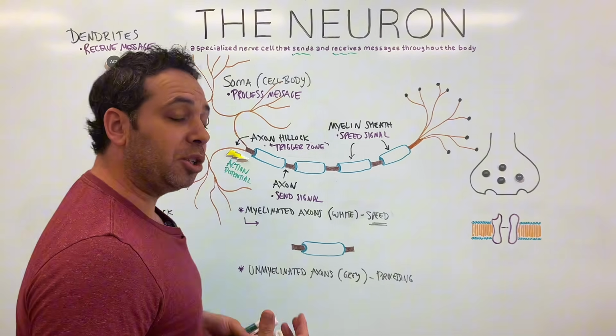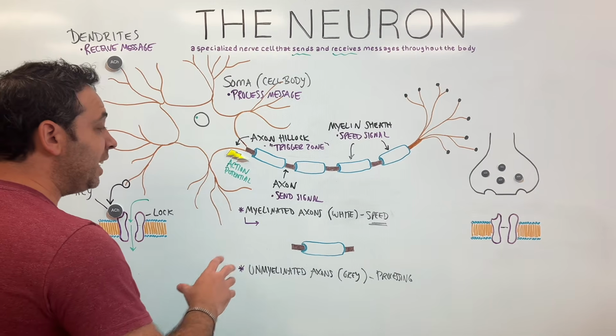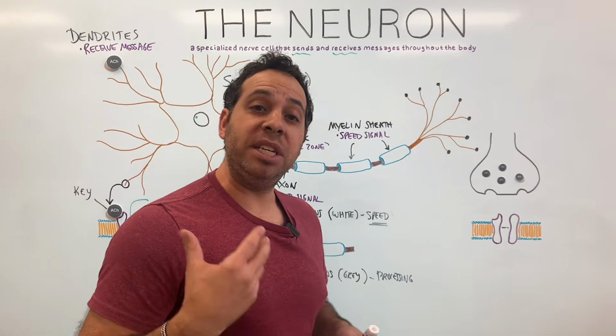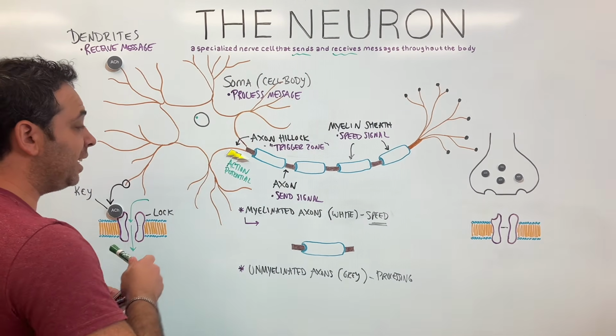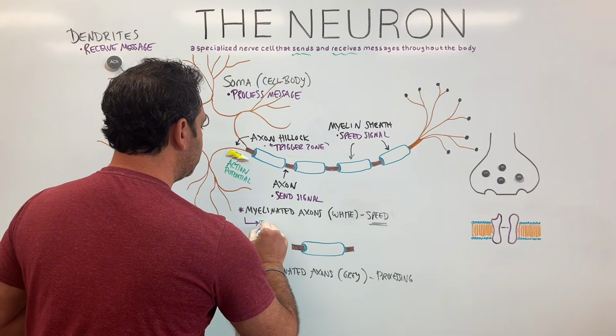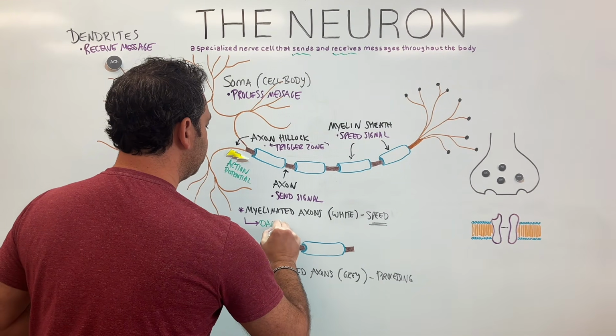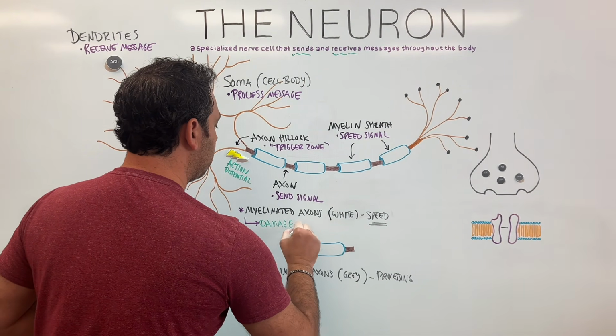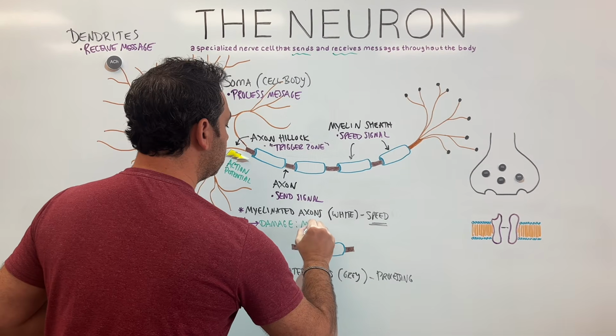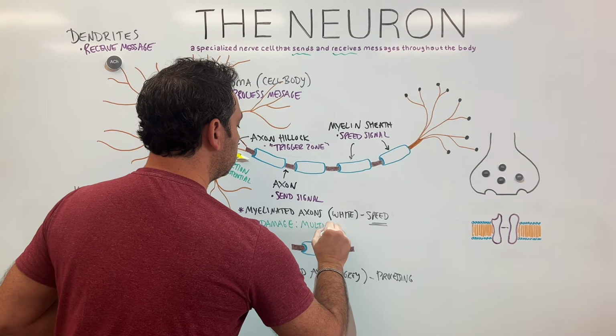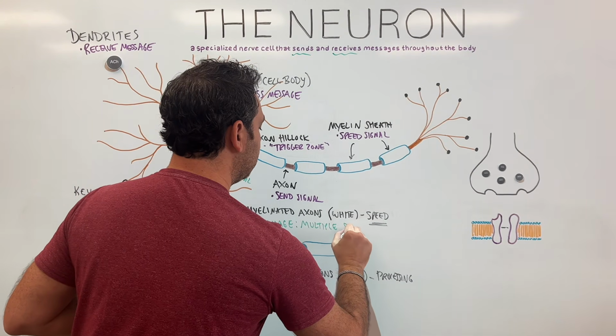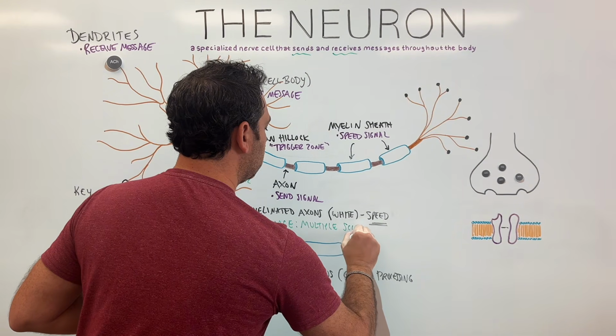Now, here's something interesting that I think is relevant: sometimes the myelin can be destroyed, okay? Sometimes it doesn't work properly, and this is a neurodegenerative disease called multiple sclerosis, okay?